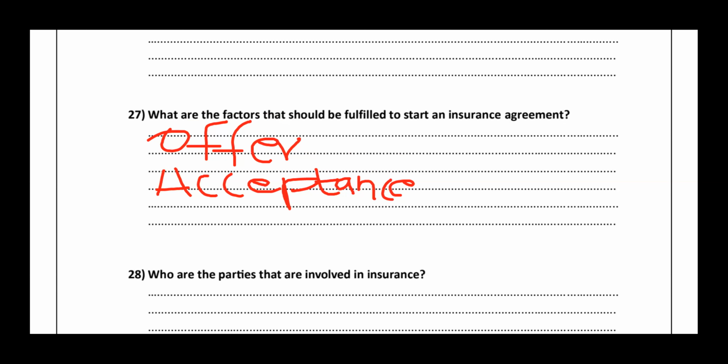Now, after this insurance agreement is formed, this insurance company will give you an insurance policy. That policy is a written certificate. Okay. So in the insurance policy, all the terms and conditions of that insurance agreement will be mentioned. Okay, so that is insurance policy.